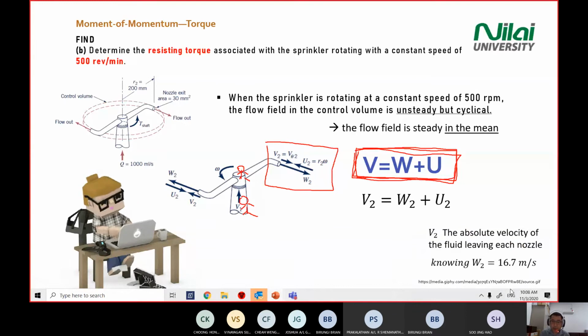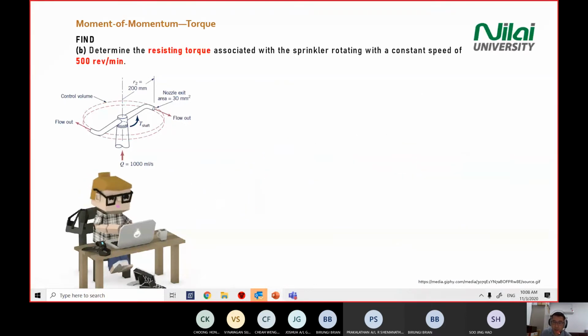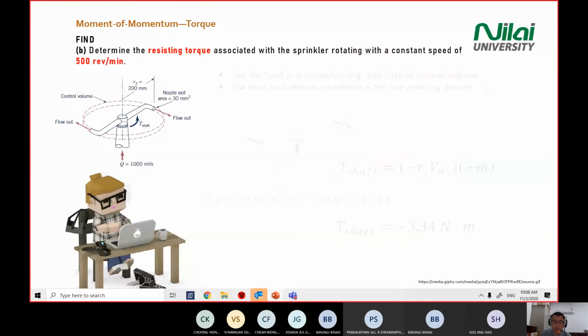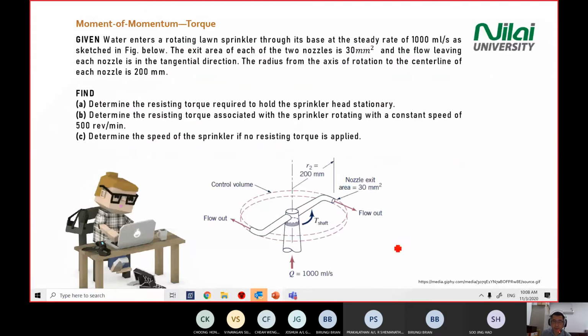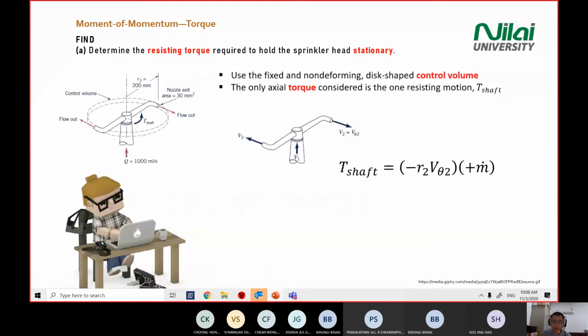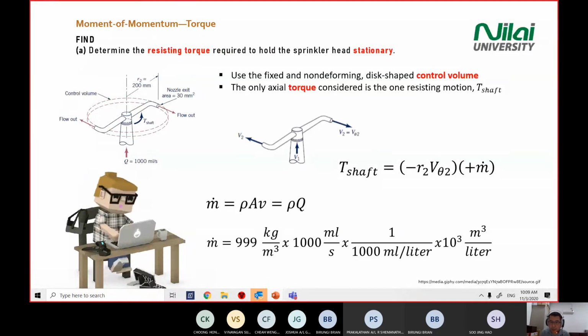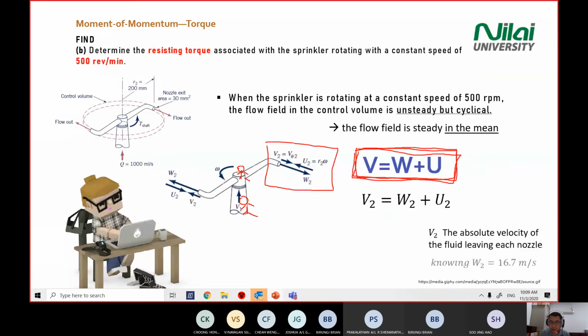So we have our W equal to 16.7 also. U2 just now, where's our U2? U2 is 16.7.